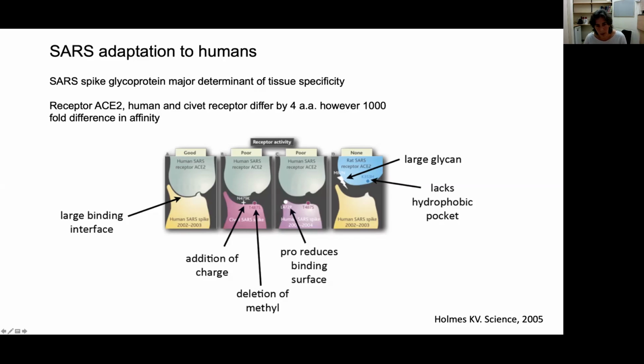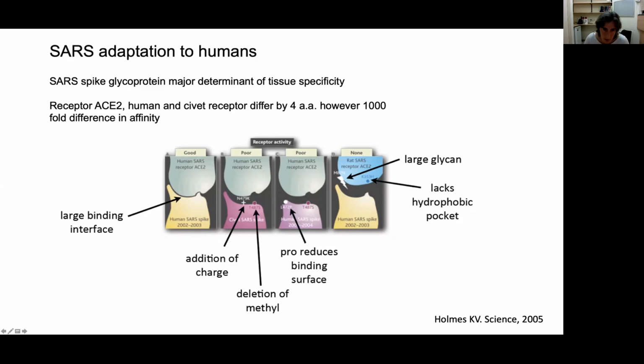Over here, one panel to the right, you can see the spike from the civet, which I said is an intermediate animal that transferred the virus to humans in the 2002-2003 epidemic. And as you can see over here, at least two mutations occurred. Two more mutations occurred, which I'm not showing here because they are not shown in this interface.